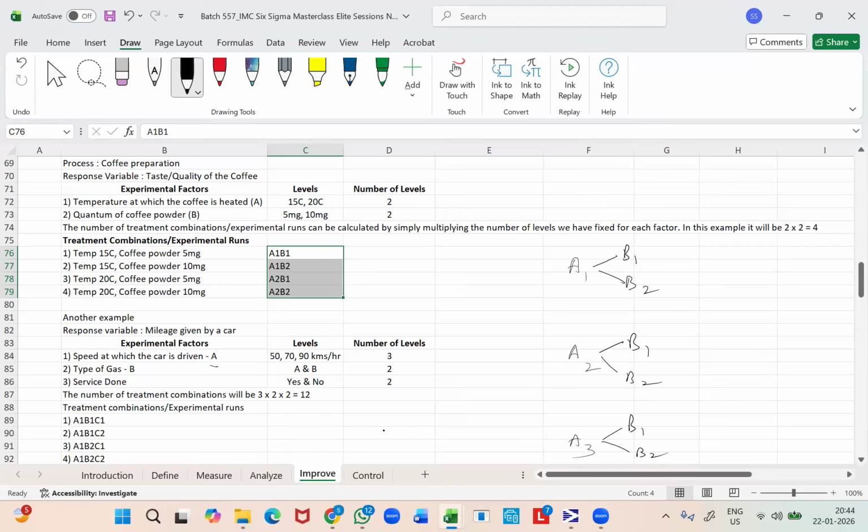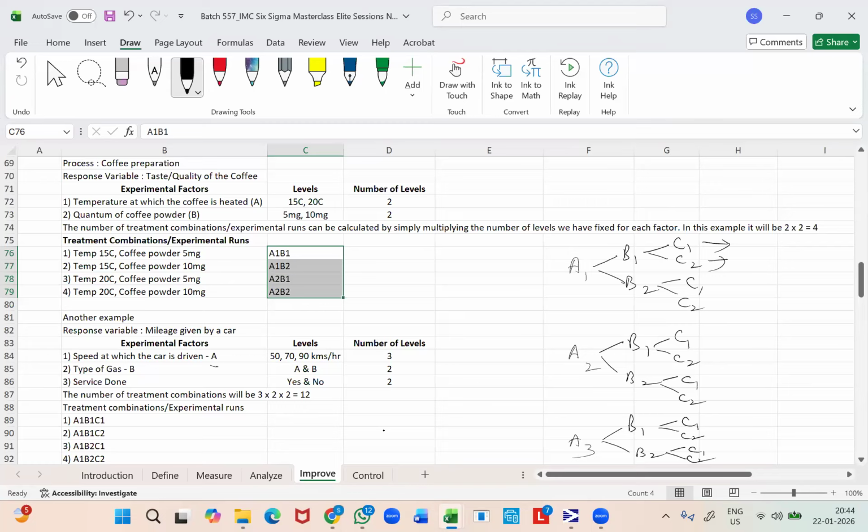And since factor C also has a couple of levels, I can branch C1 and C2 from B1 and C1 and C2 from B2. Similarly for every B node. Now I need to follow the path. That's it, right? It looks like a decision tree like structure. So I just need to follow the path.